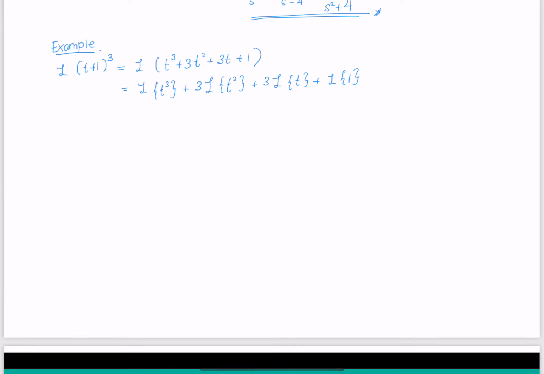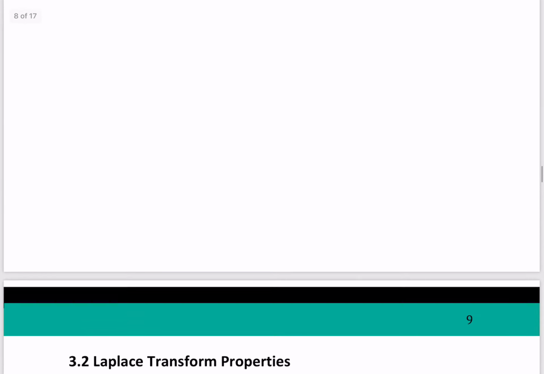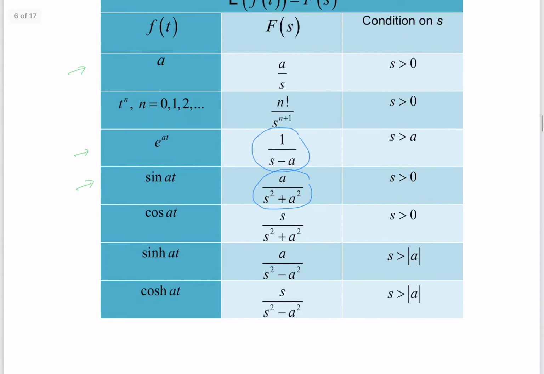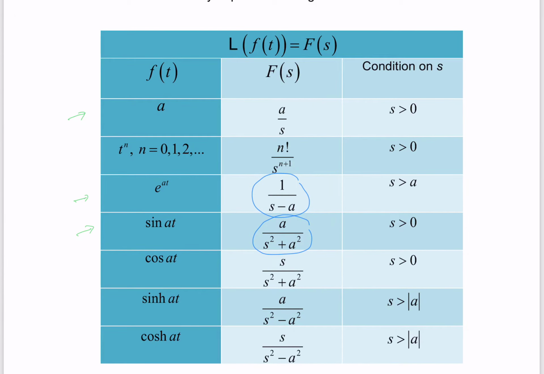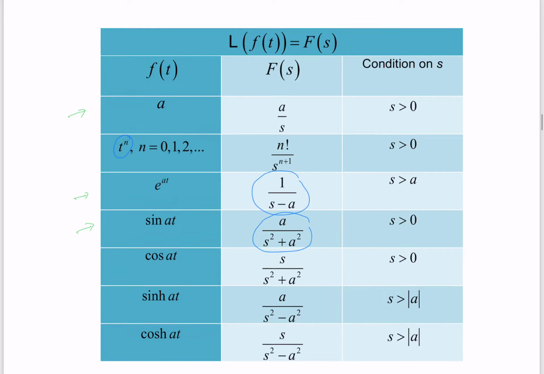Okay, so we now have the Laplace transform of a function t to the power of n. So refer back to the table, to this one, t to the power of n. Your n can be 0, 1, 2, and so on. So we get n factorial over s to the power of n plus 1.